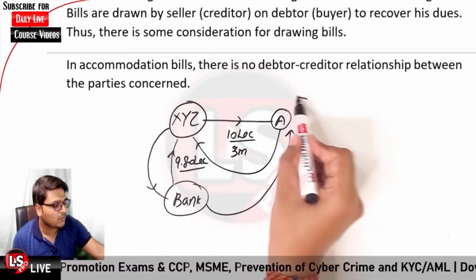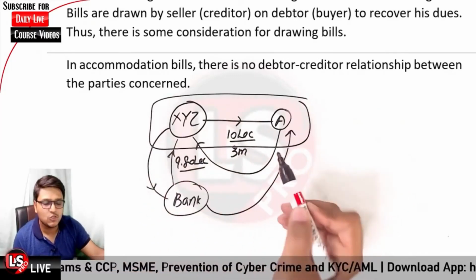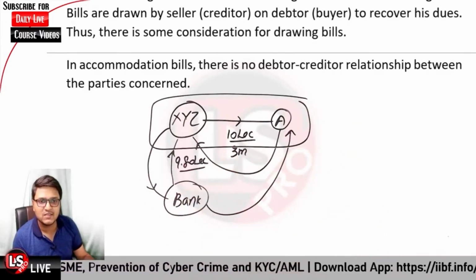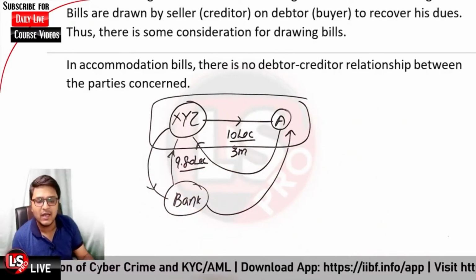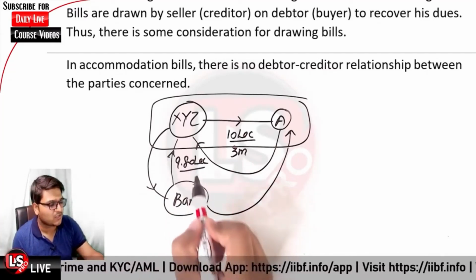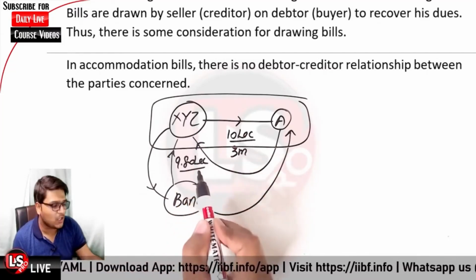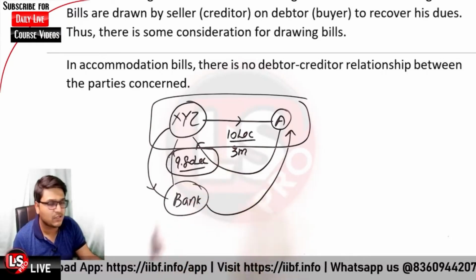So in that particular case, there was no consideration between XYZ and A, but still a bill is drawn and further it was discounted. Now XYZ is having a liquidity of 9.80 lakh. XYZ has received an advance.